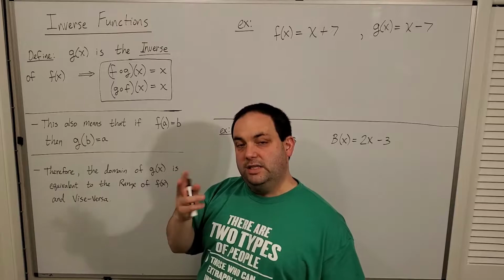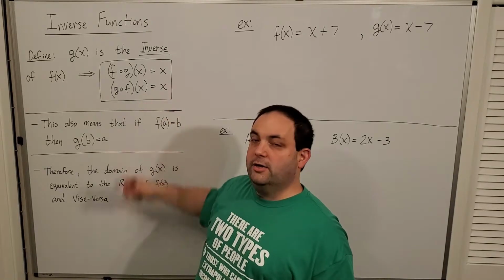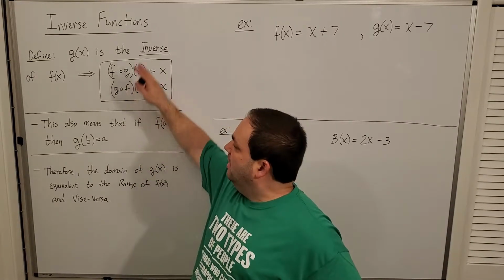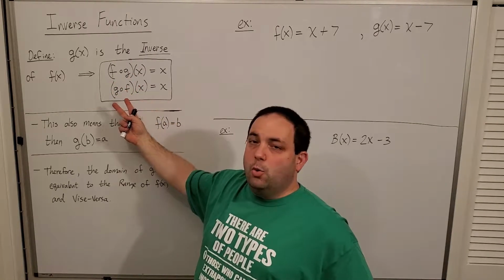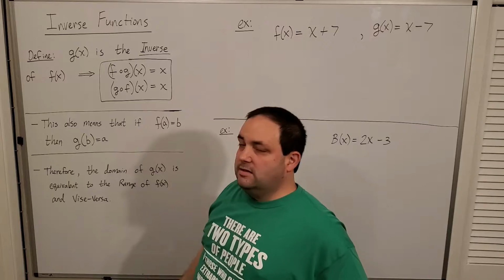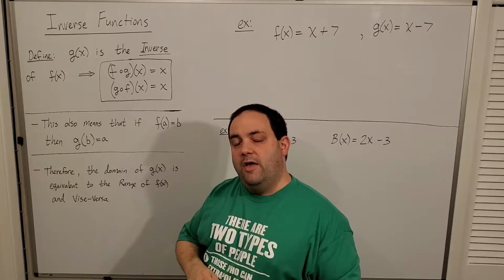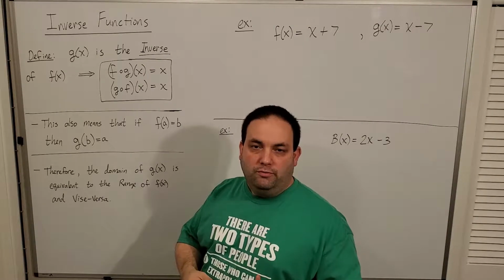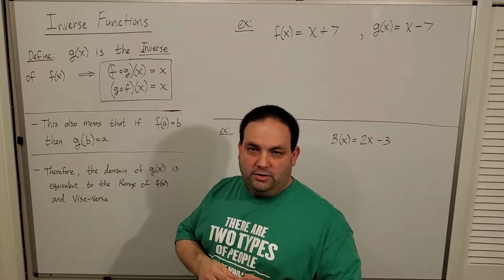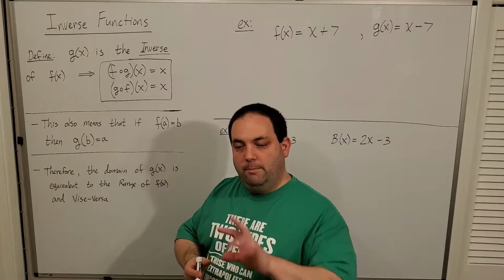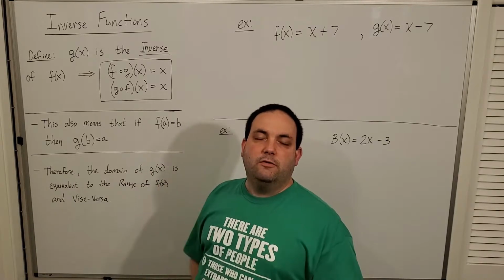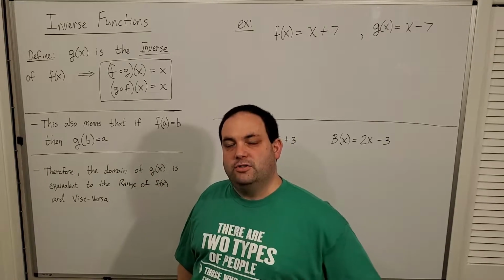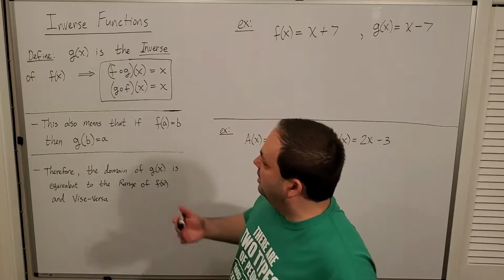You usually get something different when you reverse it. Well, here's that special case. If two functions are inverses, then composing them either way should give you x. And as a matter of fact, that's the way that we prove two functions are inverses. If we compose them both ways and we get x both times, then the two functions are indeed inverses of each other.